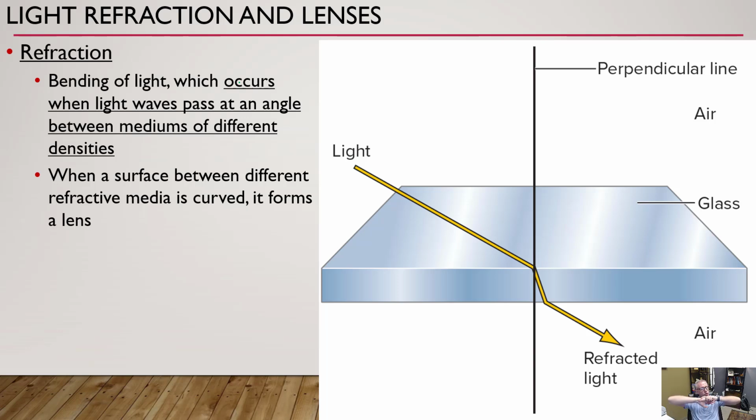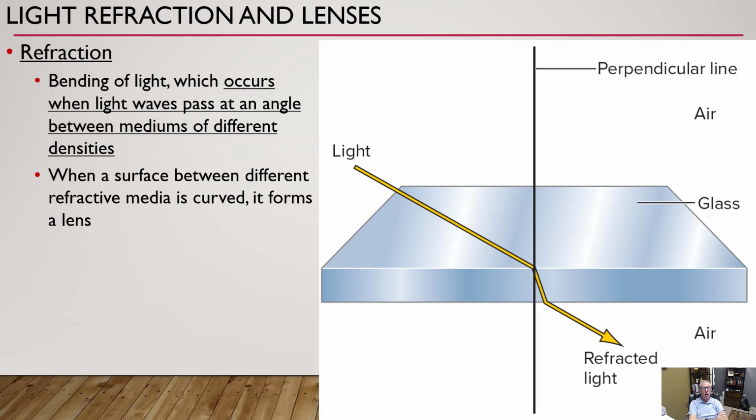All right, so refraction. Refraction happens because light passes at an angle between mediums of different densities. So all that means is as light passes through your lens, light rays are going to be bent.